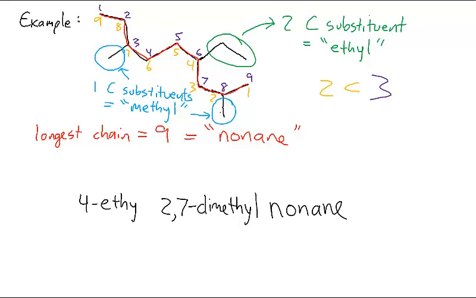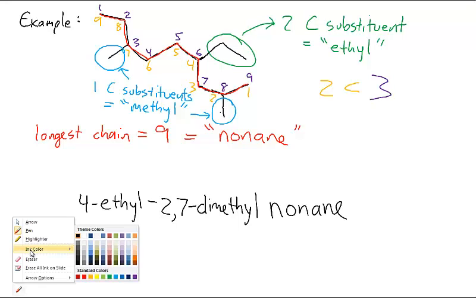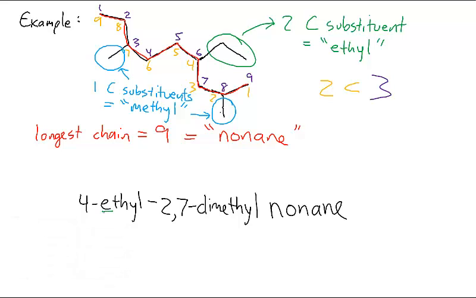So I would say 4-ethyl-2,7-dimethyl nonane. I don't really care if you follow this convention, but the convention is to list the substituents in alphabetical order. So that's why I chose to do ethyl before methyl.